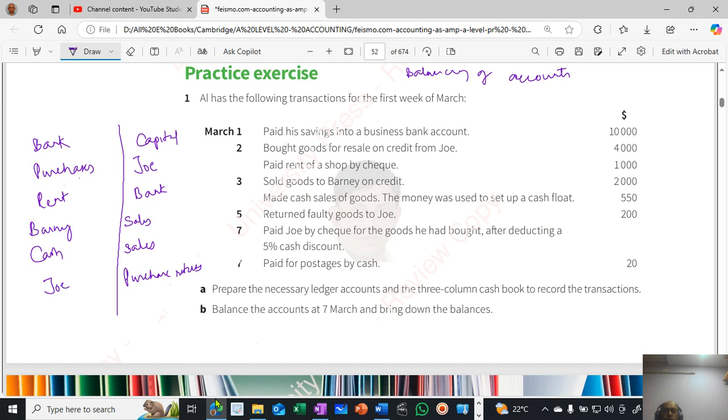Joe paid by check for the goods he had bought after deducting a cash discount. So Joe has paid, which means we paid Joe by check. So we have paid to Joe and we will receive a cash discount.